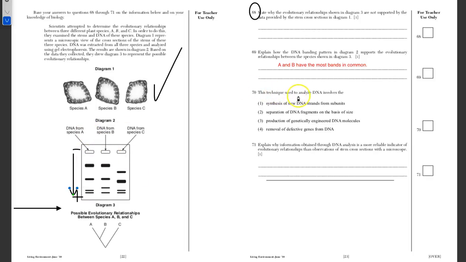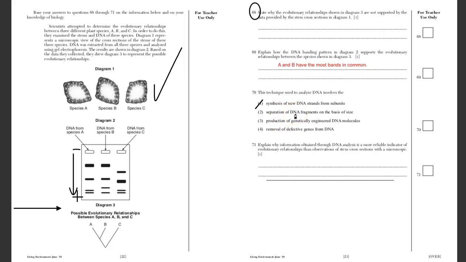So let's see. This technique used to analyze DNA involves the synthesis of new DNA? No. We put the DNA of existing, already living things. You can't just make new DNA strands. DNA comes from living things.